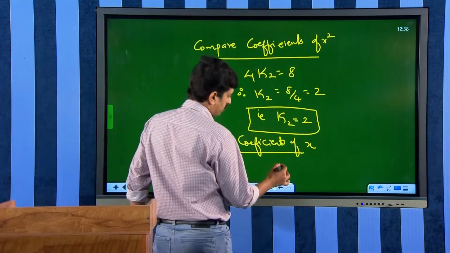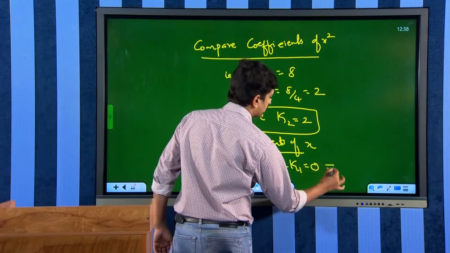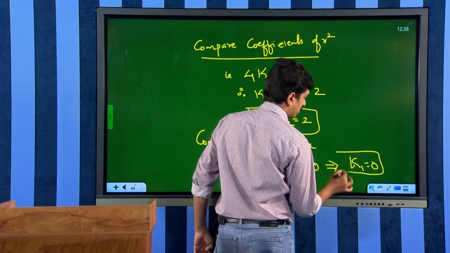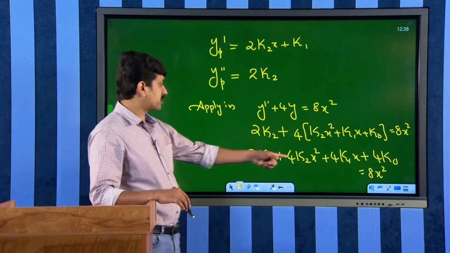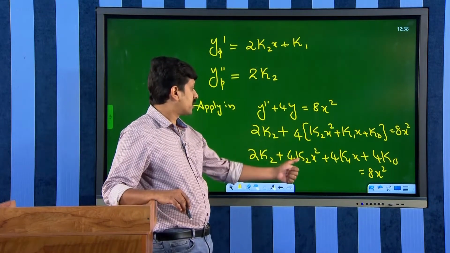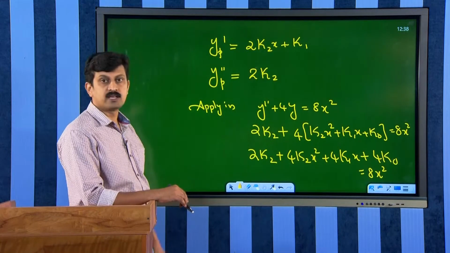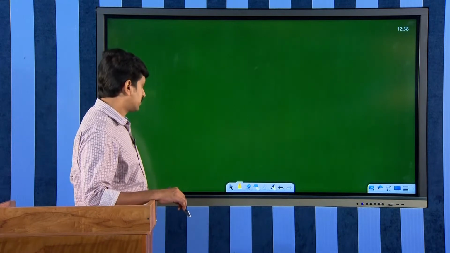Therefore, k1 is equal to 0. Now we found k1 is equal to 0.